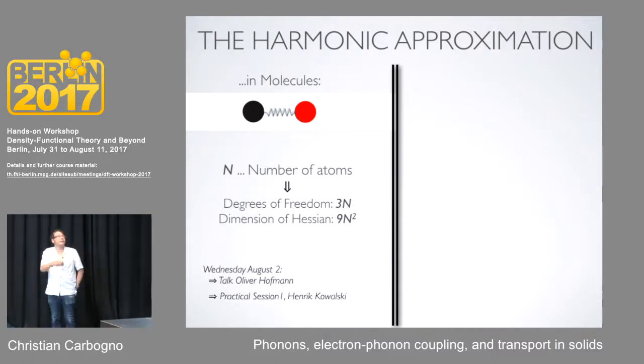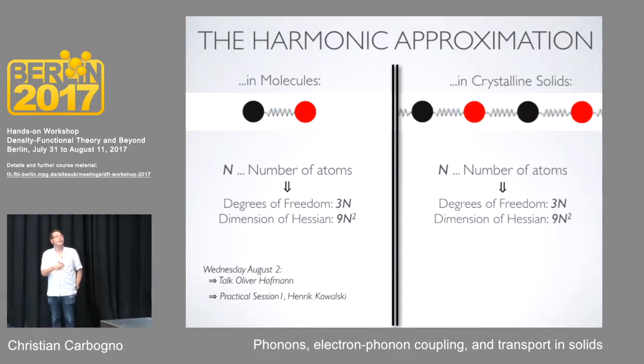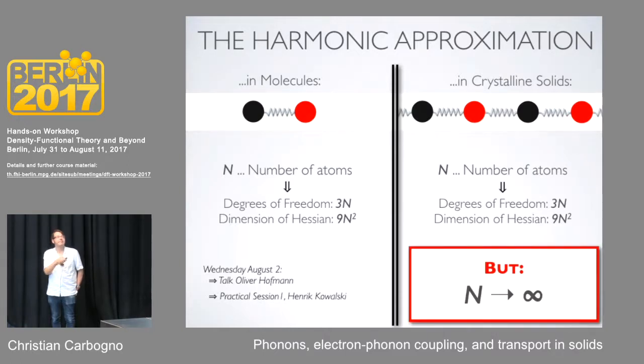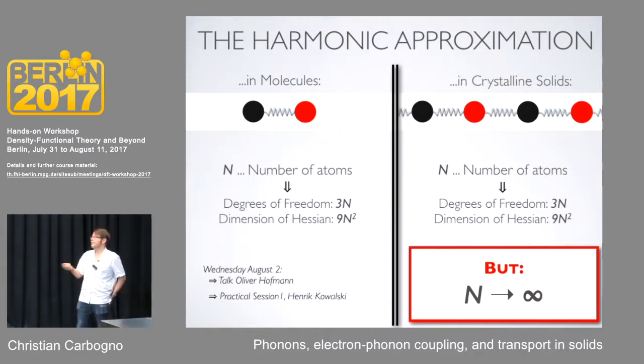Now, obviously, if you go to a periodic solid, n goes to infinity. So what do we have to do here? Here, again, we use the reciprocal space representation to circumvent this problem.